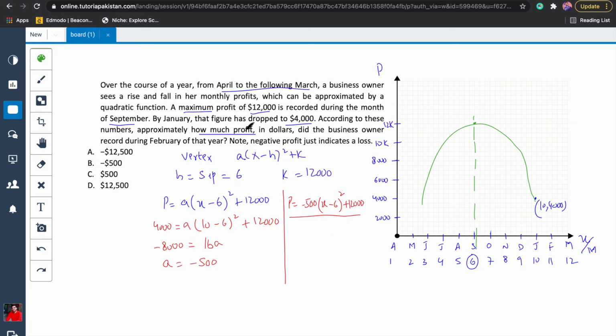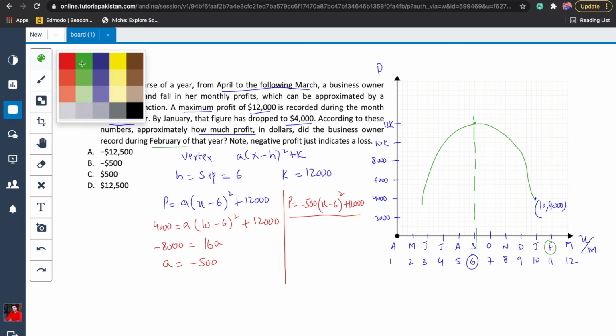So what's our target answer? Approximately how much profit in dollars did the business owner record during February of that year? During February of that year, that is the 11th month. So we have our x, we have to find our y. Let's just replace 11 into this equation and see what do we get.